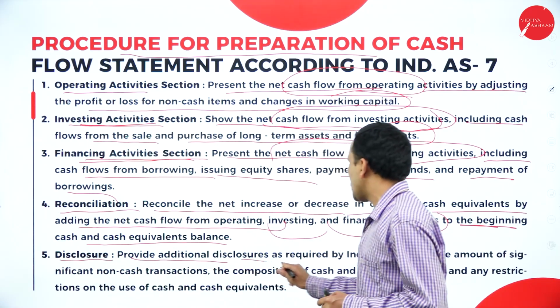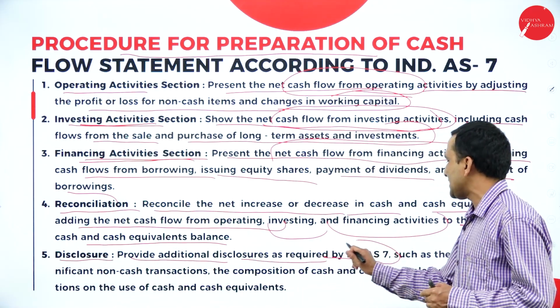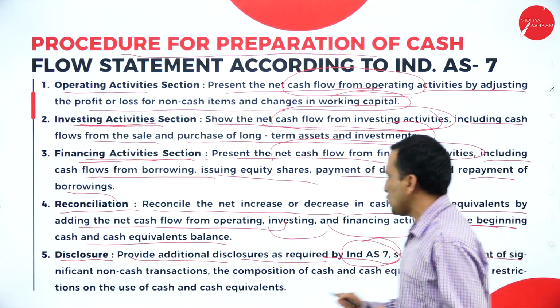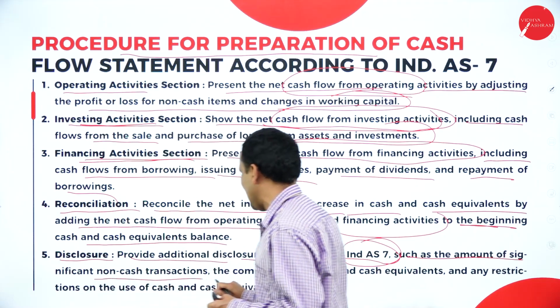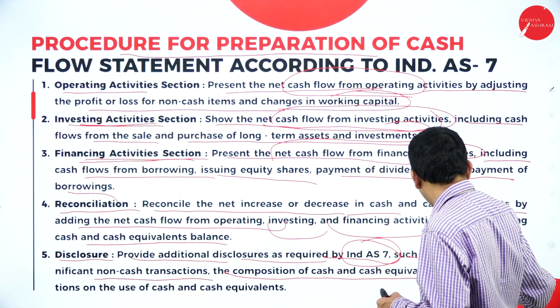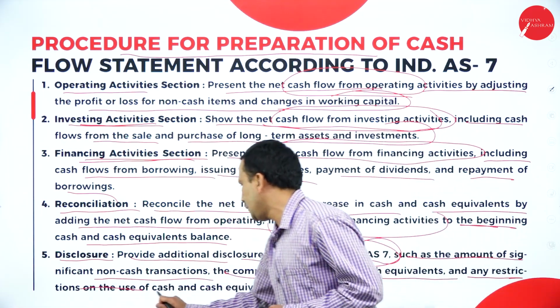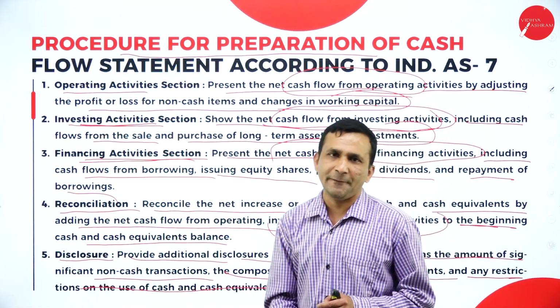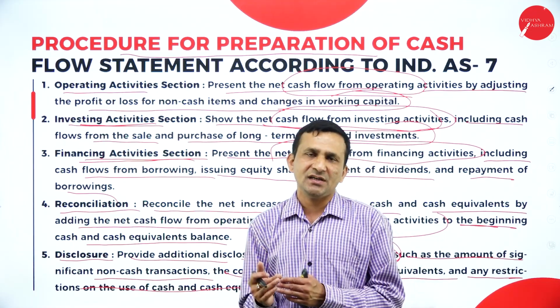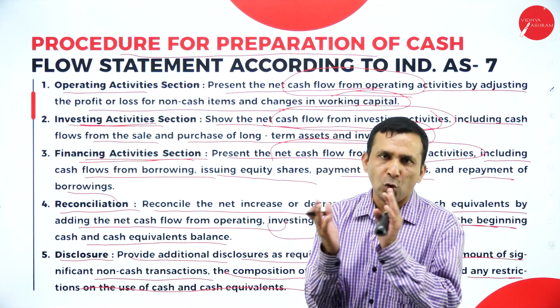Provide additional disclosure as required by the accounting standard, Indian Accounting Standard 7. Such as the amount of significant non-cash transactions, the composition of cash and cash equivalent, and any restriction on the use of cash and cash equivalent. So after doing an adjustment, opening balance, add a net. So finally we are getting closing balance.